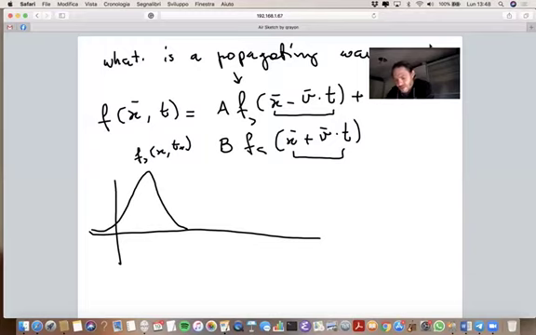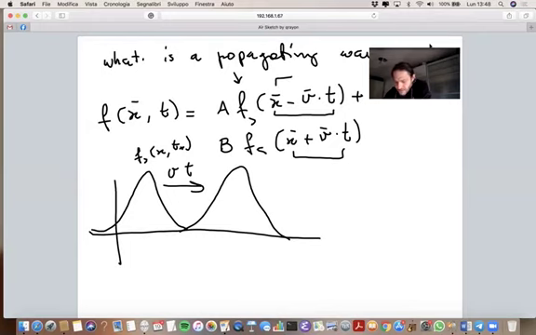What this equation is telling me is that if I look at the same function after some time t minus t naught, what I find is exactly the same shape, but translated forward by an amount v times t. Now in one dimension, there is no vector here, right? So I'm going to call it v t.